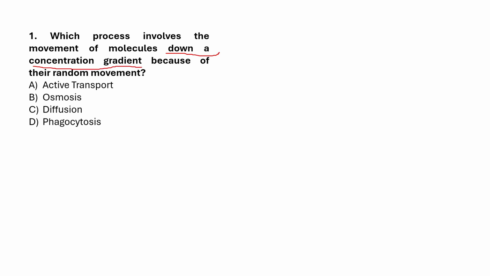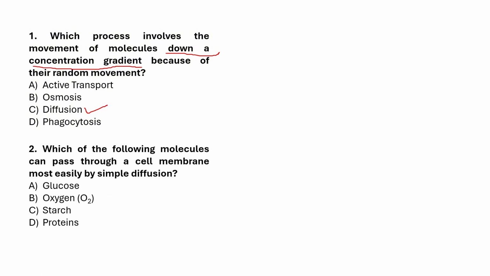If you have recalled and understood the concept of movement of molecules, then you can easily answer this question. The answer is C, that is diffusion, because diffusion is the net movement of particles from a region of higher concentration to a region of lower concentration, down a concentration gradient, as a result of their random movement.